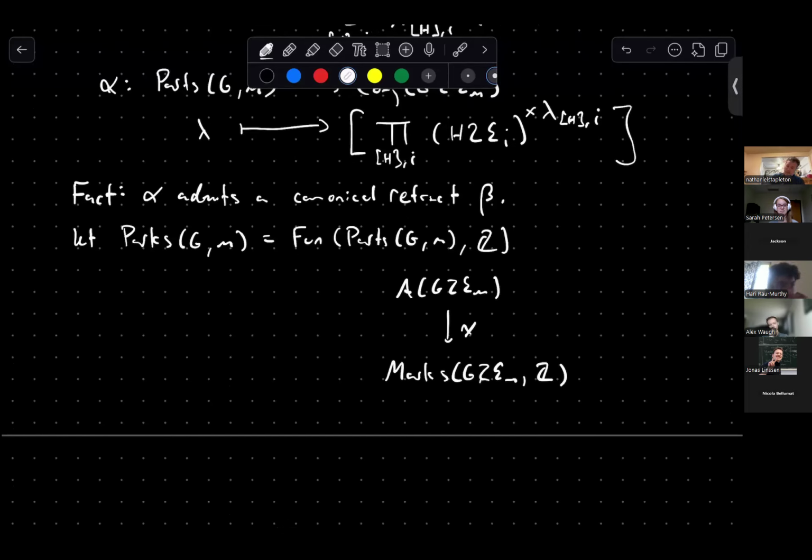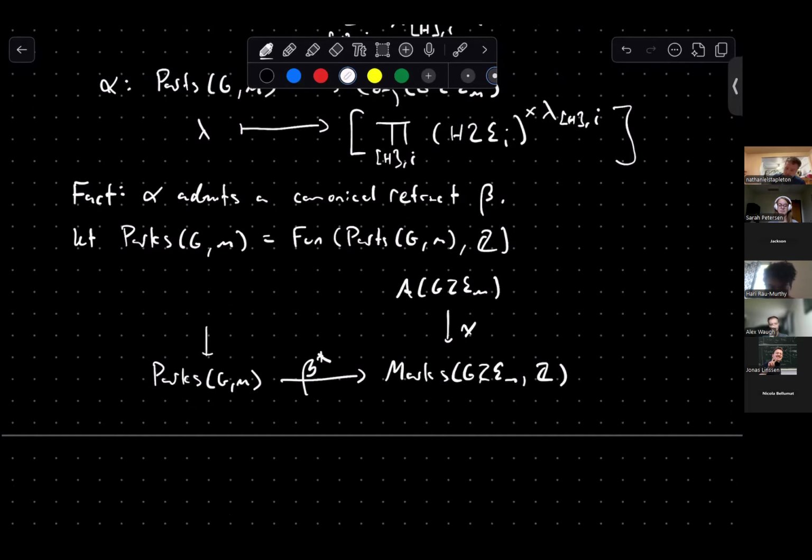But the map beta induces a map from Parks of G comma M to Marks. So that retract goes the other way, and so it induces a map this direction on Parks.